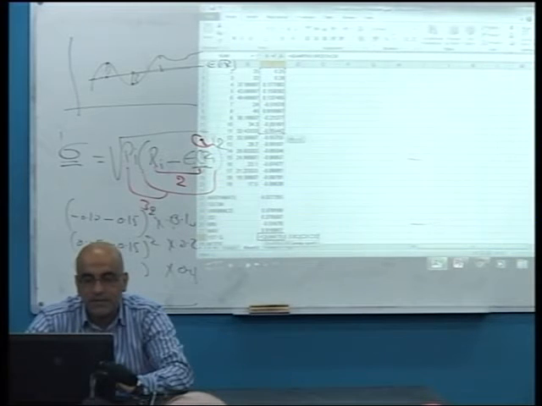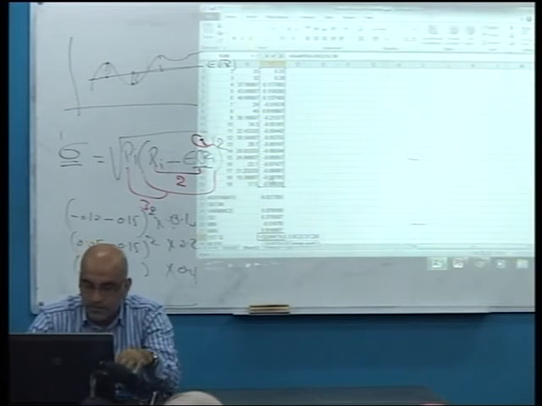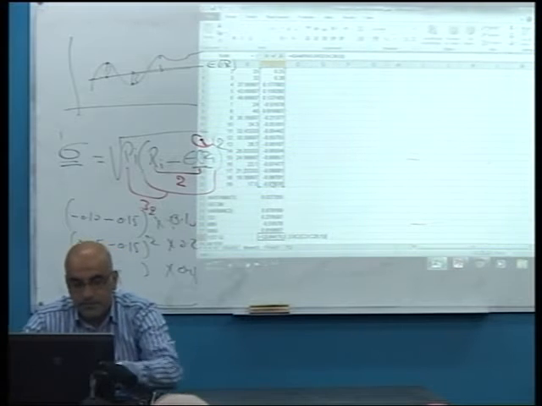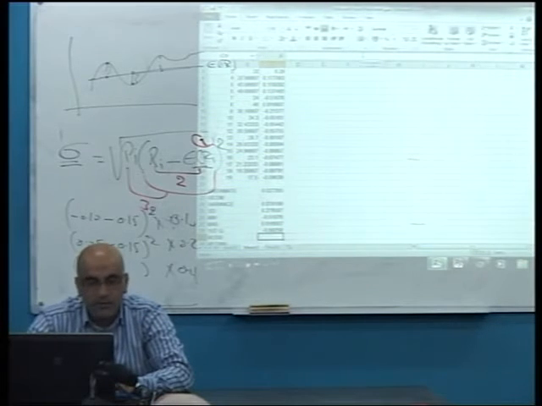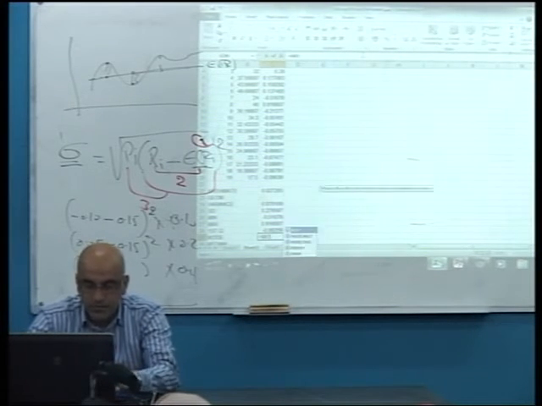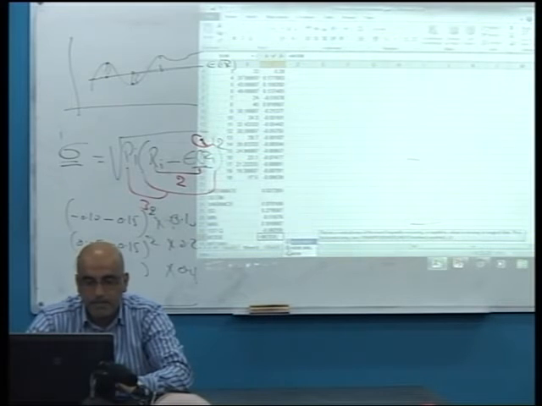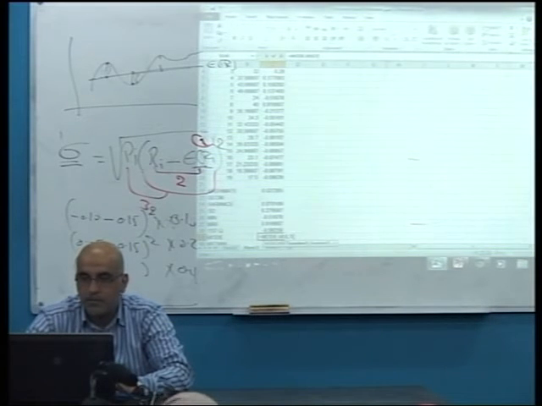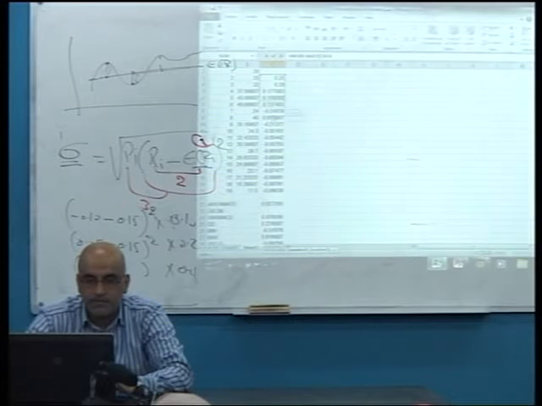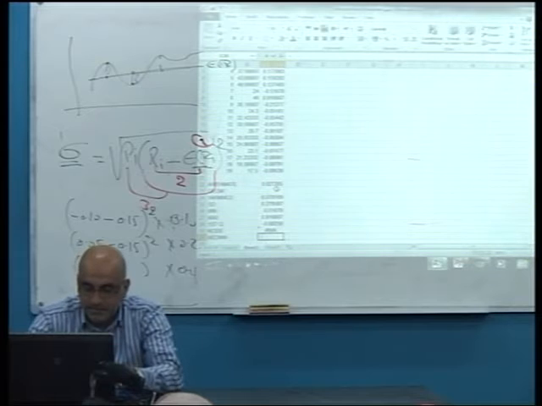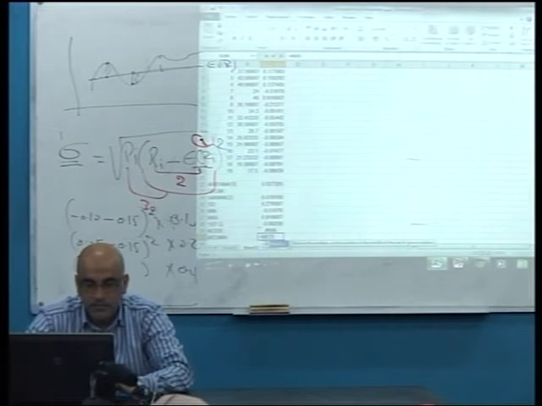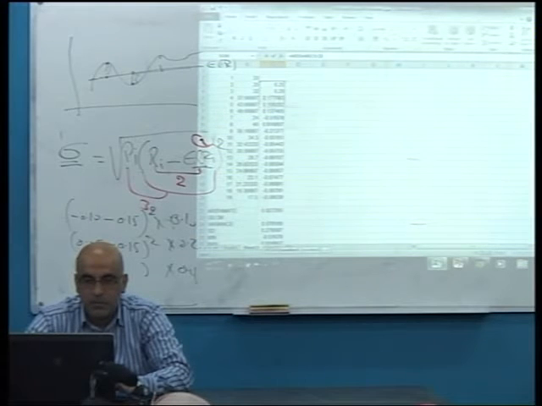If you want the mode, this is the mode. The median. This is the median.